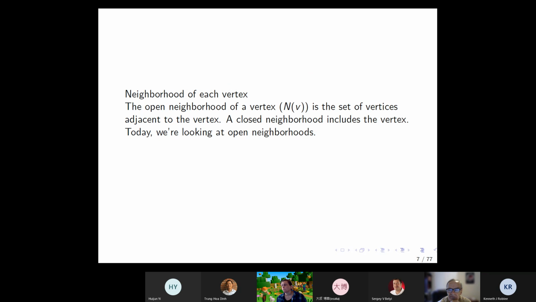Open neighborhood is just the guys that are adjacent. A closed neighborhood includes the vertex itself. So if I take all of the neighborhoods of each of the vertices, I end up with this list of sets. If we're looking at the closed neighborhoods, every one of those sets includes the vertex itself.